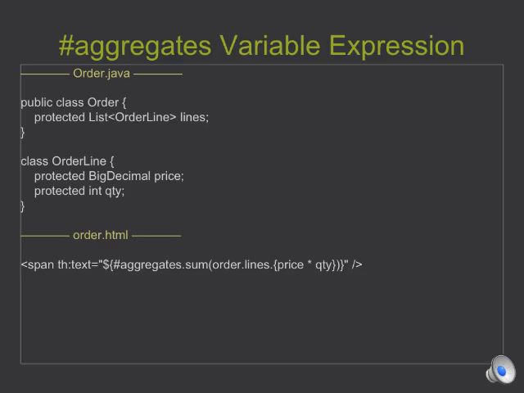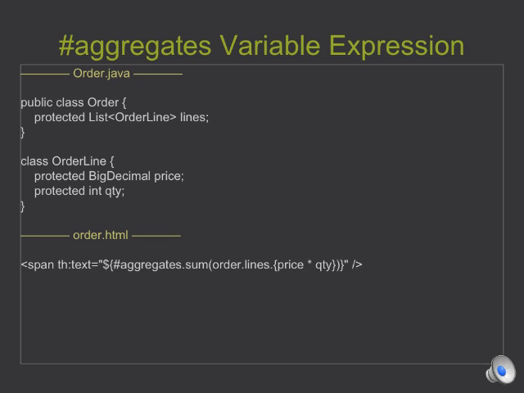Aggregates is pretty neat. So Thymeleaf not only supports the Spring expression language, but also the Object Graph Navigation Language. And this lets you do some pretty powerful stuff. So we've got our class order here, which has a list of order lines. And each order line has a price and a quantity. And so aggregates is going to sum the price times the quantity for each of the order lines.